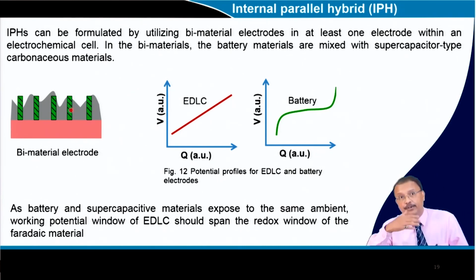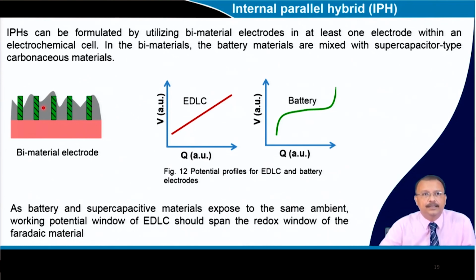I am not very comfortable making a detailed description of this within the short period, but this internal parallel hybrid is quite interesting. The battery and supercapacitor are exposed to the same ambient, same environment. The working potential window of the EDLC should span the redox window of the faradic material.